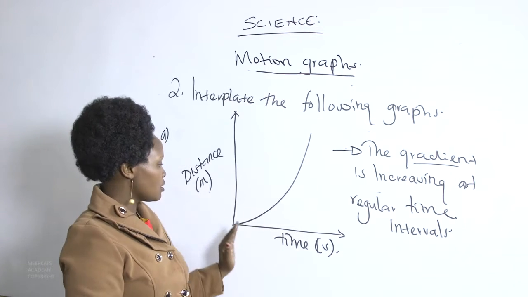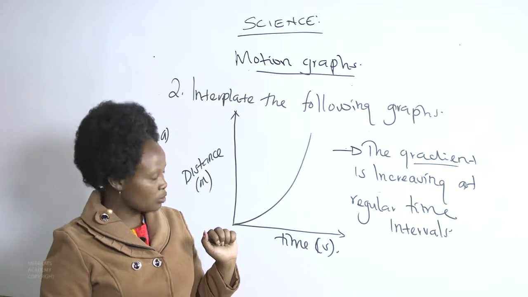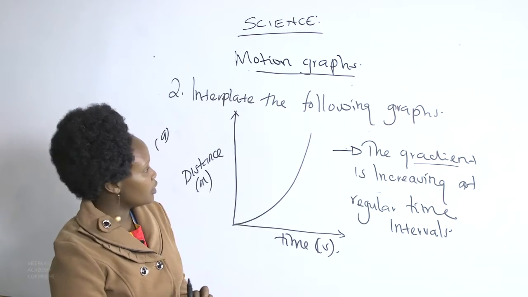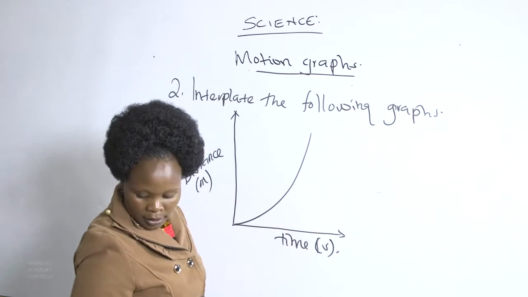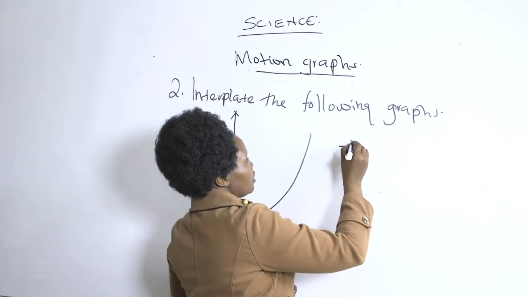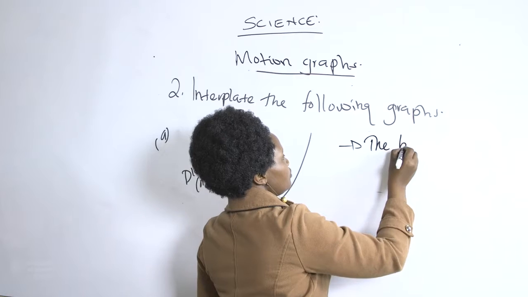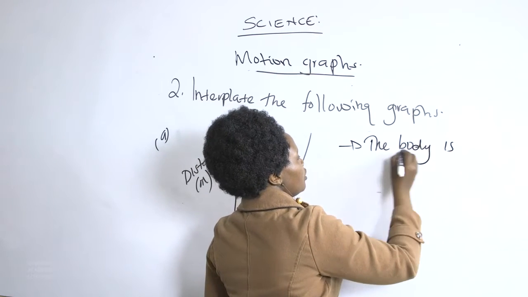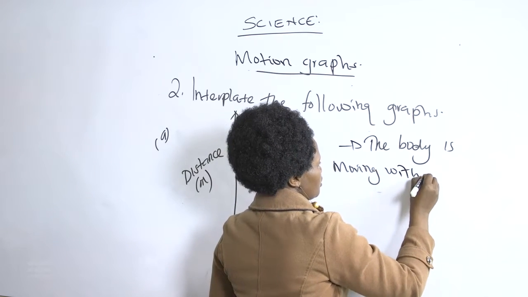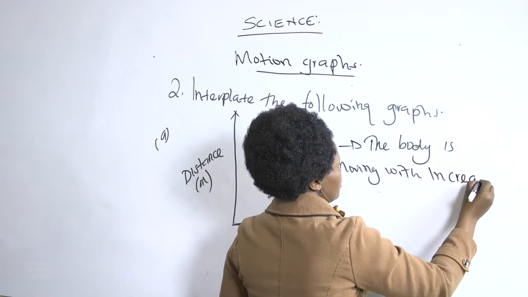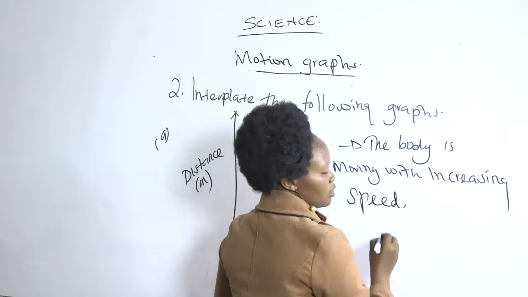Now that is a distance time graph. The gradient gives us the speed of this particular body. And if the gradient is increasing at regular intervals of time, then we could interpret the graph to mean that the body is moving with increasing speed.